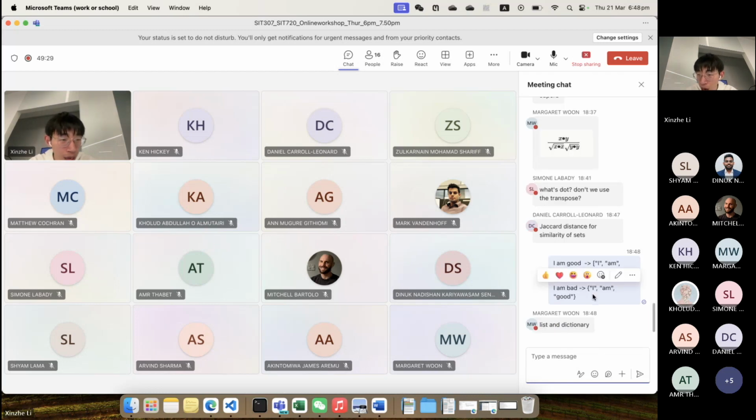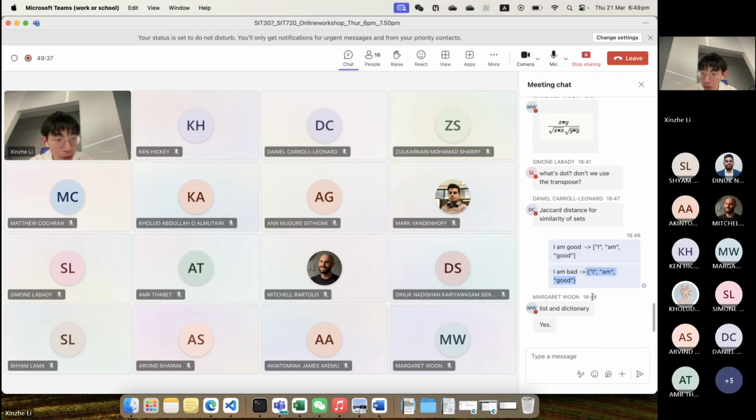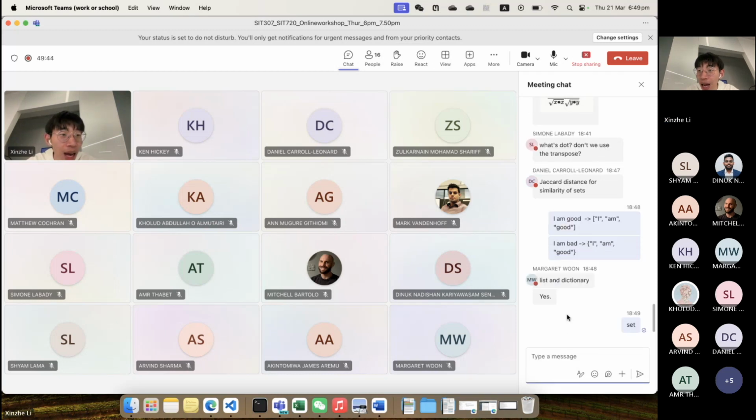How about this? Is this a dictionary? Nope, it's not a dictionary. It's a set. I see Daniel says the Jaccard distance for similarity of sets. In Python, this is a set.